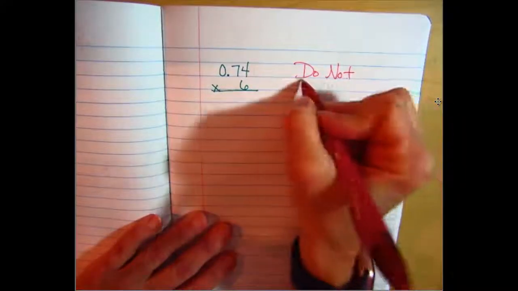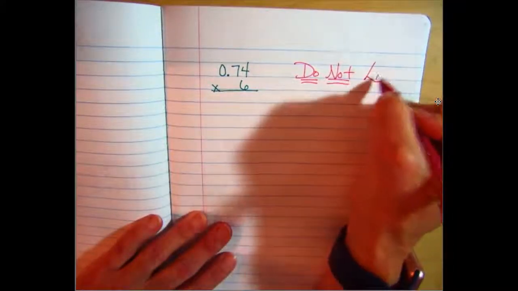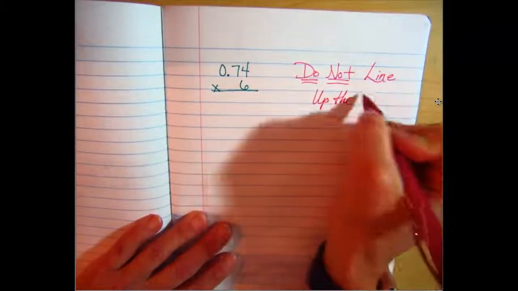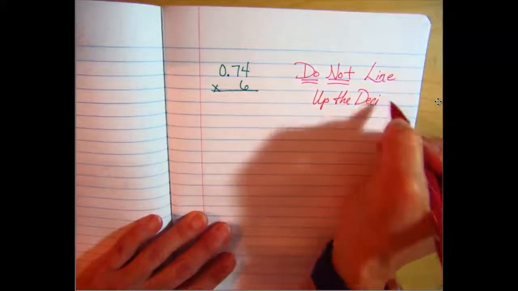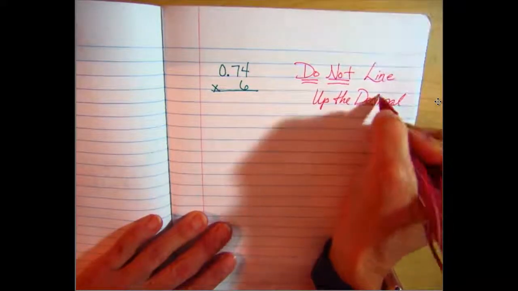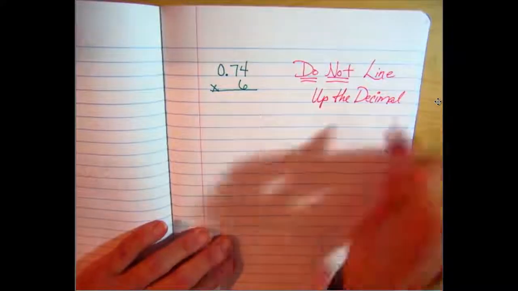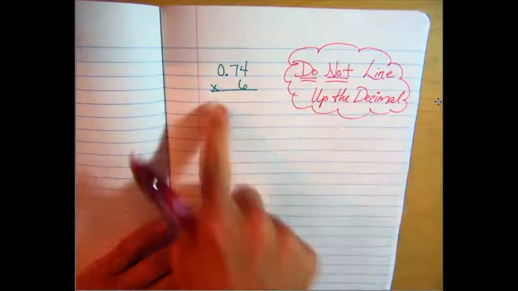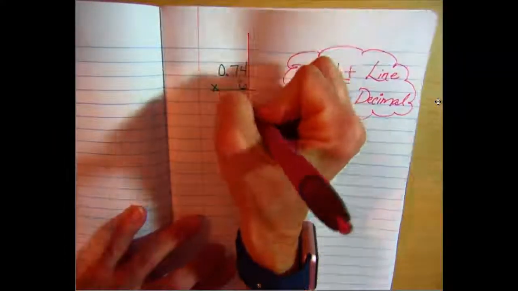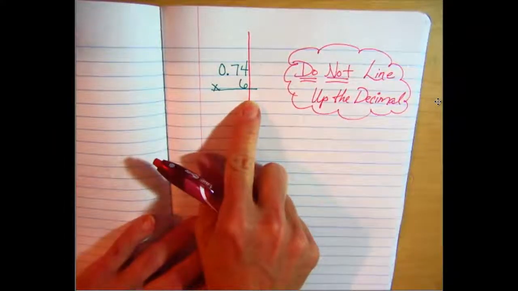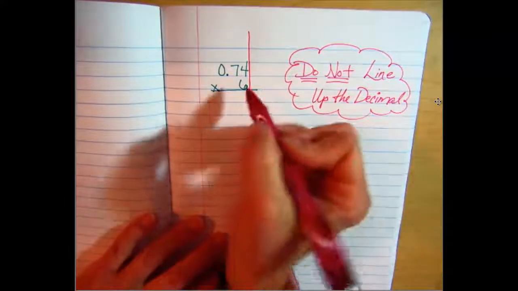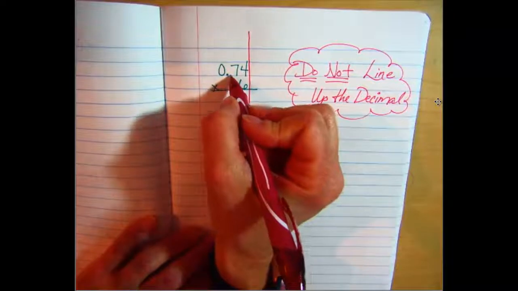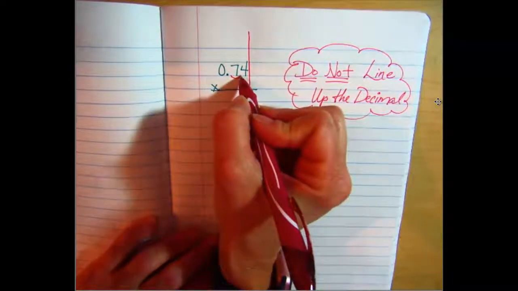We do not line up the decimal. Doing that will make a whole lot of work that you do not want to do. So remember, we're just going to put these guys up against the wall just like we practiced before. Now, when I multiply with decimals, I'm going to look at the number of decimal place value spots I have here.